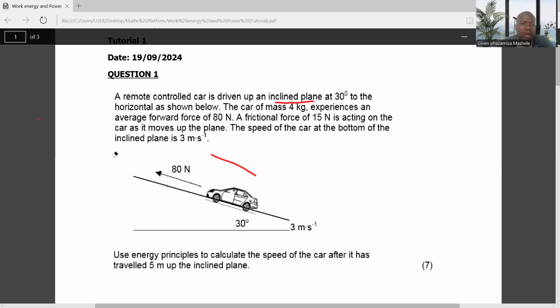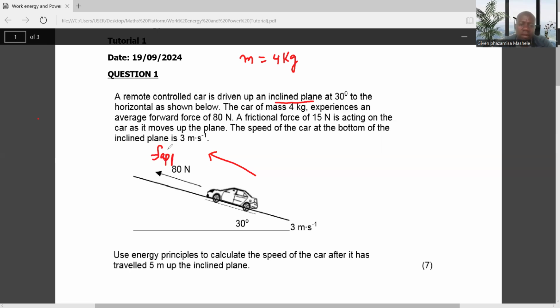Right, then now, a car of mass 4 kg. So we are told that this car has a mass of 4 kg. It experiences an average forward force of 80 Newton. So which means this force is actually an applied force.